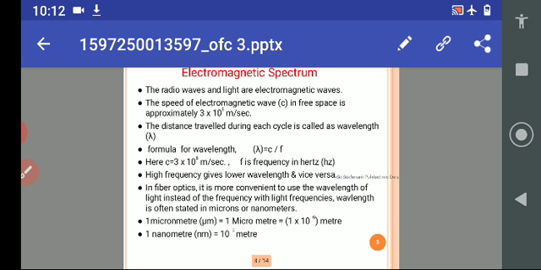Micro is 10^-6. Similarly, a nanometer is 10^-9 meters.